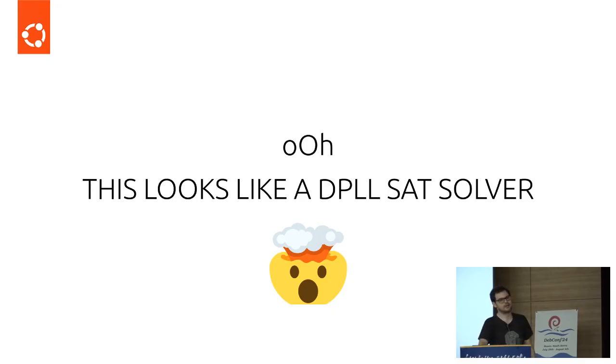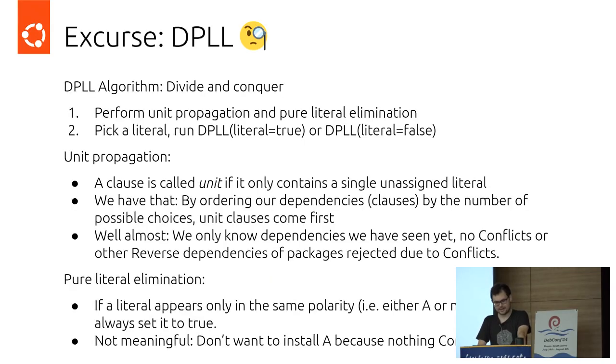In case you're wondering what a DPLL solver is, a DPLL algorithm is sort of a divide and conquer approach to the SAT problem, where you perform two important additions to the naive solver, which are unit propagation and pure literal elimination. And then you do the usual: you pick a literal, you set it to true, you try if that leads to a solution, and if that doesn't lead to a solution, you set it to false and see if that leads to a solution, which I would say is sort of a divide and conquer approach.